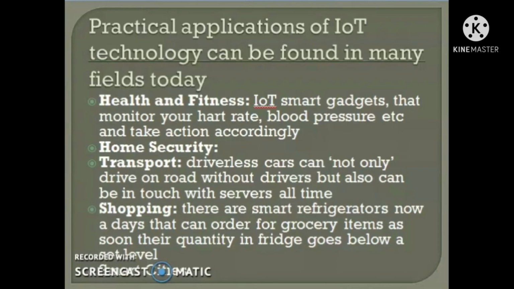Transport. Driverless cars can not only drive on the road without drivers but can also be in touch with servers all the time. In shopping, there are smart refrigerators nowadays that can order grocery items as soon as their quantity in the fridge goes below a set level.